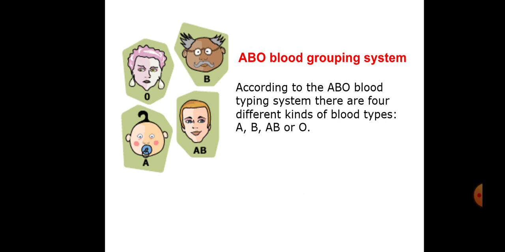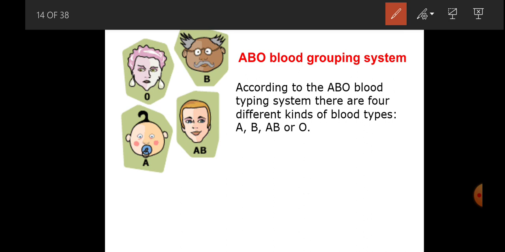So these people who are blood group AB, they have two genes which are codominant. That means that these genes that produce A and B express themselves equally. They are codominant. A expresses itself 50 and B expresses itself 50. They are codominant. Blood group A, the gene for A is dominant.